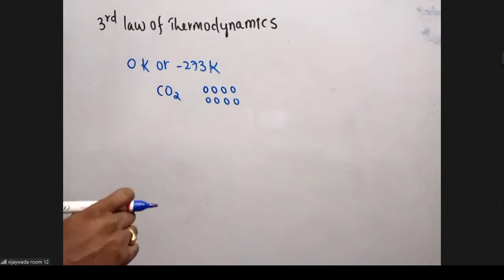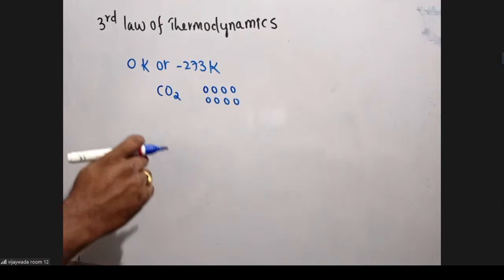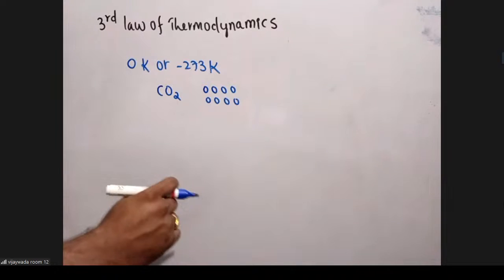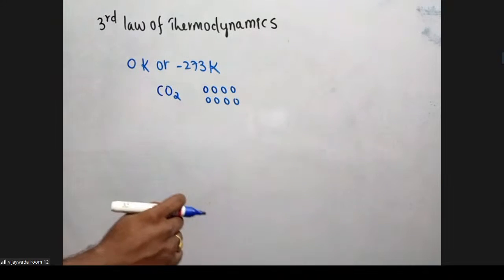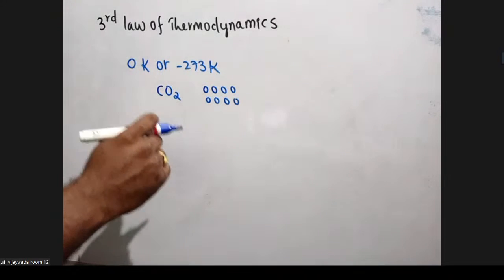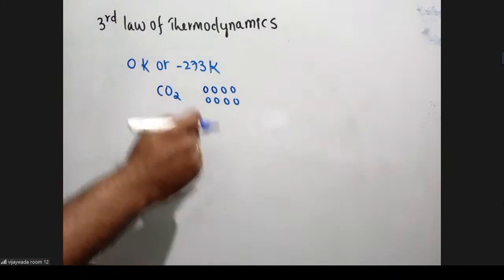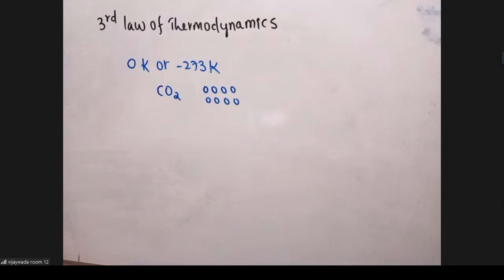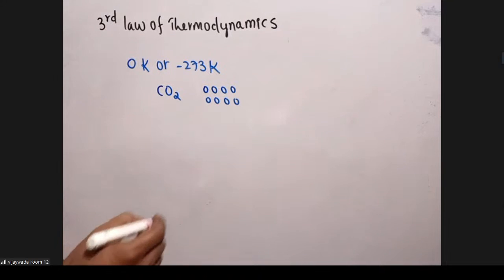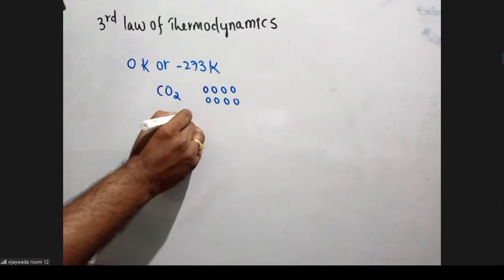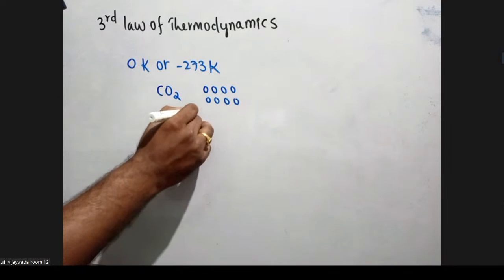We can say simply there is no disorderness in the system, no randomness in the system with respect to molecular motion, atomic motion, or disorderness in the arrangement of molecules. So at this particular temperature, the entropy of the system is considered as zero.